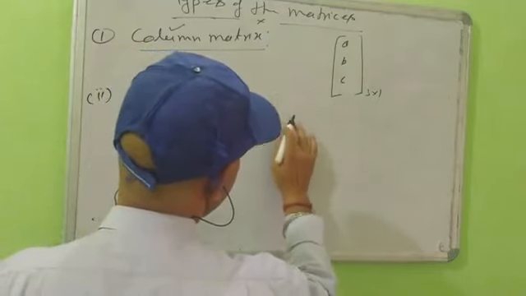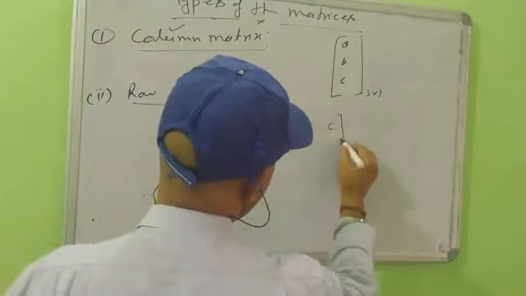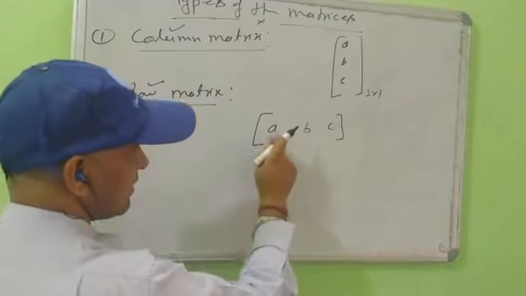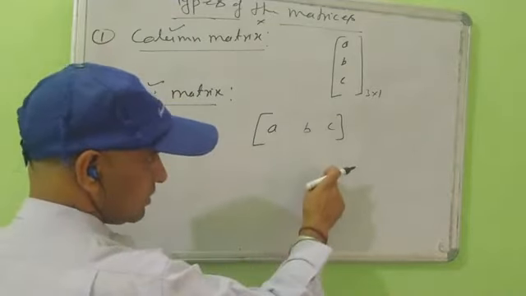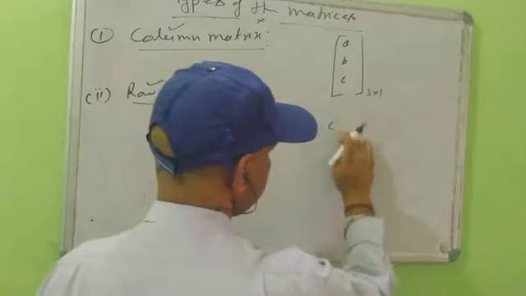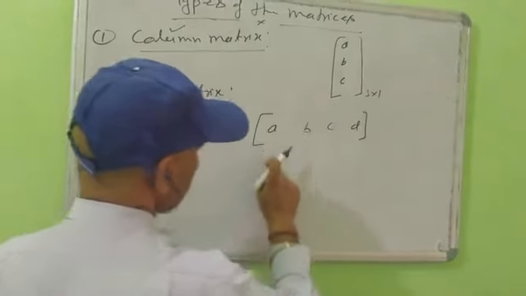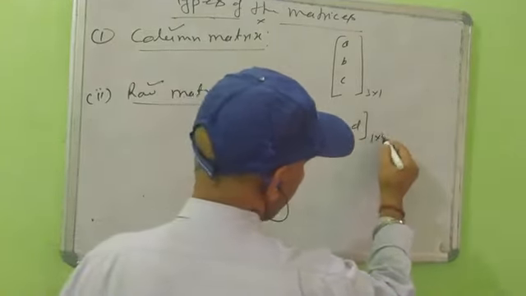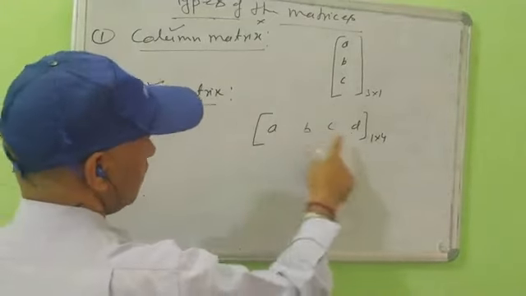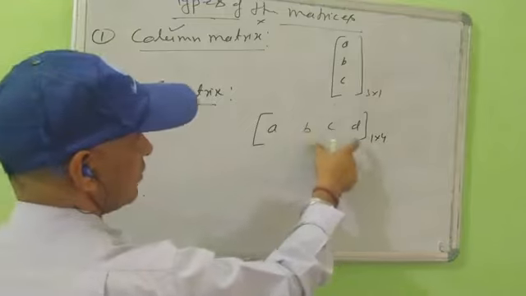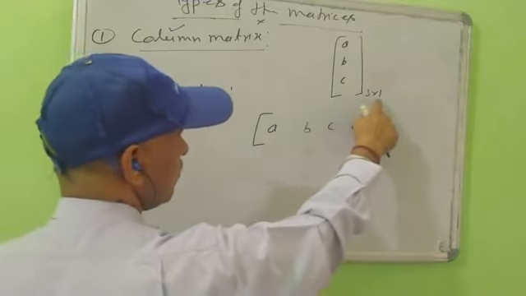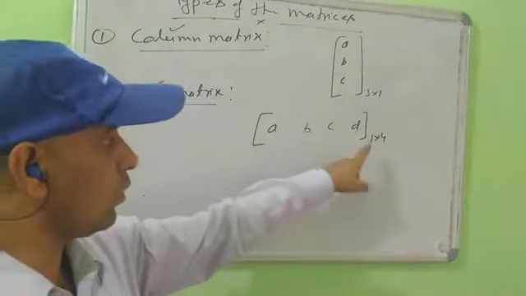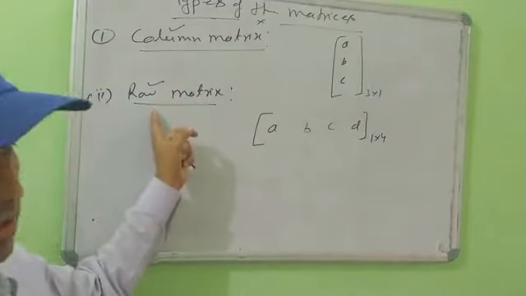Suppose you write A, B, C without commas. This matrix has a first column, second column, third column, and if you also need D, then a fourth column. The row is only one, so that means 1 into 4. A matrix having only one row is called a row matrix, and a matrix having only one column is called a column matrix.